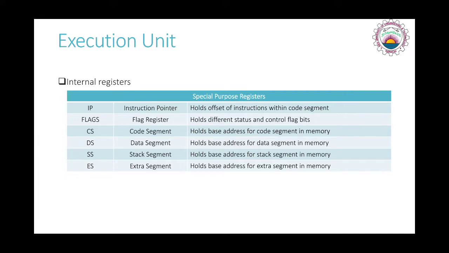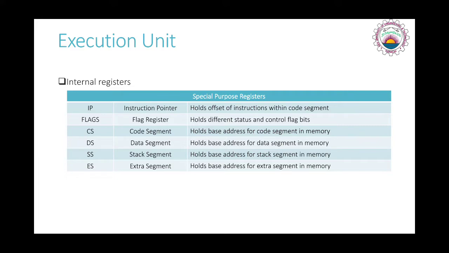Then there are four segment registers: CS code segment, DS data segment, SS stack segment, and ES extra segment. We will discuss these when we discuss memory access of 8088 and 8086 processors.